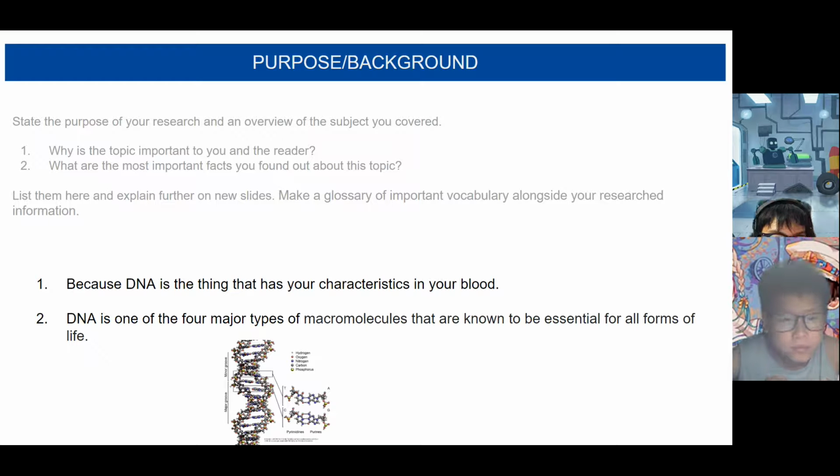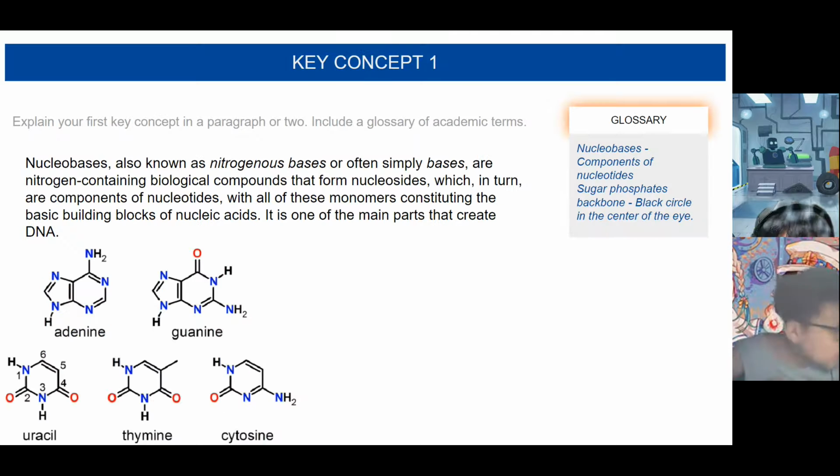The first purpose of our project is because DNA is the thing that has your characteristics in your blood. Second, DNA is one of the four major types of macromolecules that are known to be essential for all forms of life. So this is our first key concept.